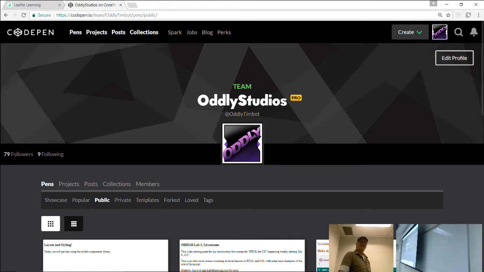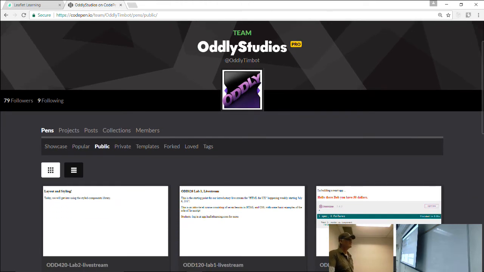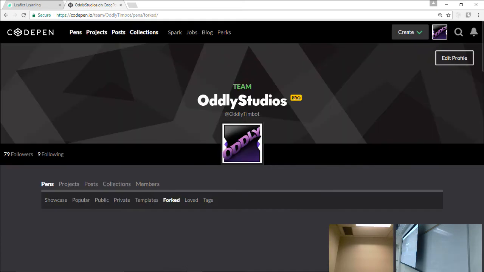When you go to your profile, you're going to see your public pens, but if you started working off of a fork, then it's over in Forked. So don't be confused about that. For instance, from our lab yesterday, if you started out by forking the professor mode session I was working in, it's going to be under Forked, not under your public pens. They're basically trying to give the original creator credit for what they've made.